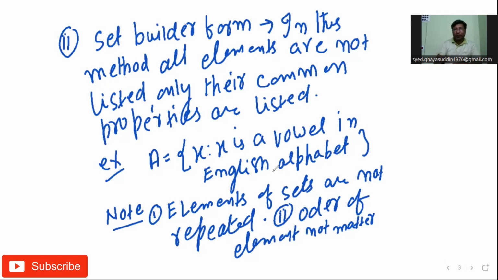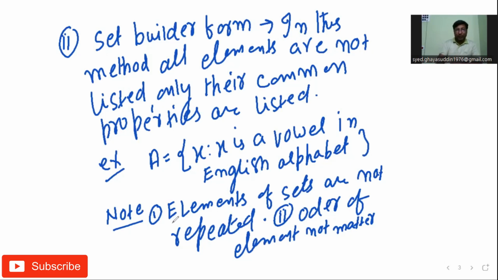This is a common property: A is a group in which all the elements are vowels. So x, where x is a vowel in the English alphabet, here also the members are a, e, i, o, u. So this is set builder form. In this method, all the members are not written, only their common properties are written.